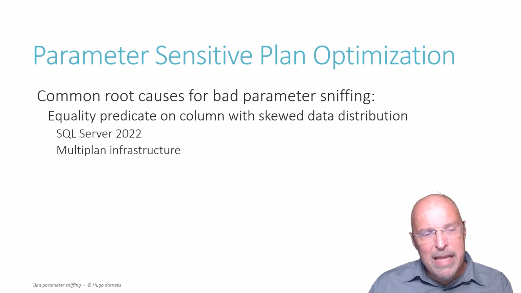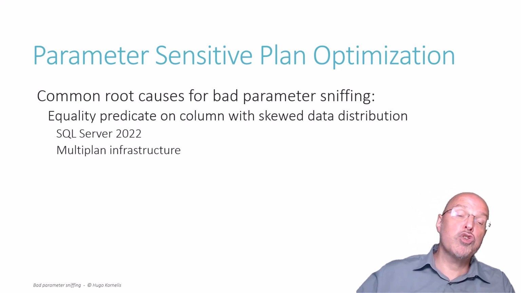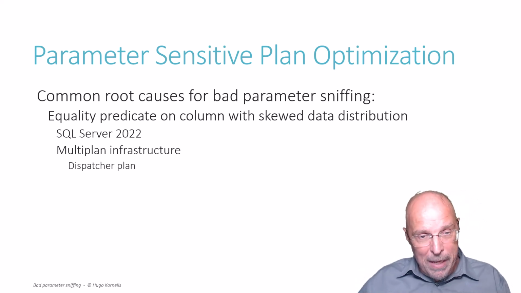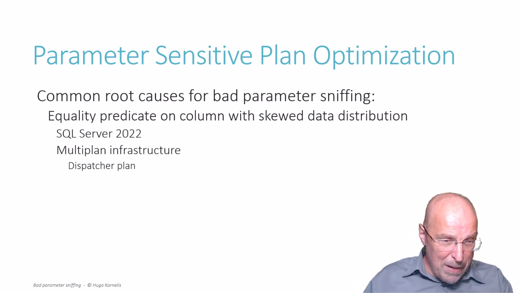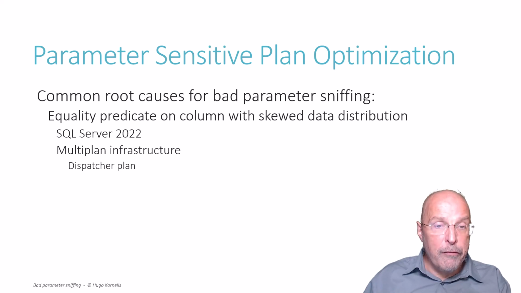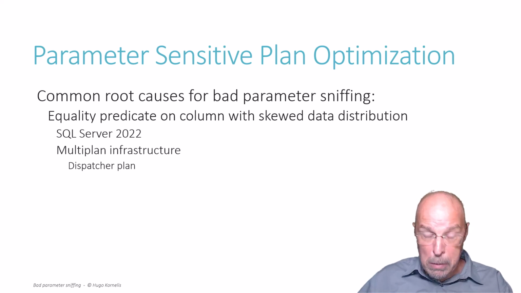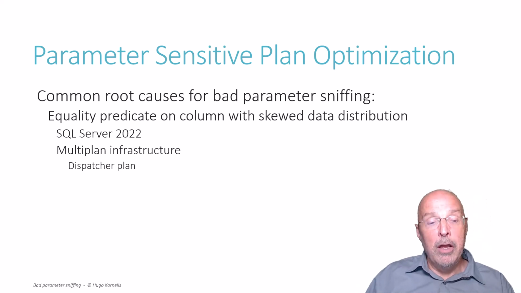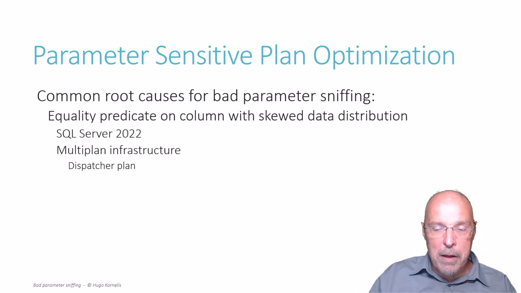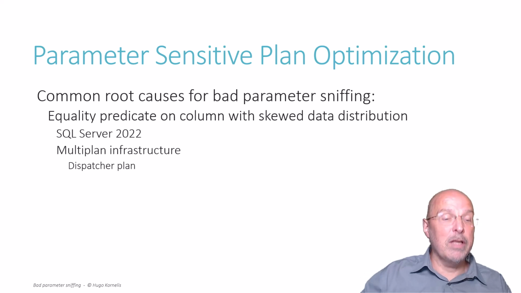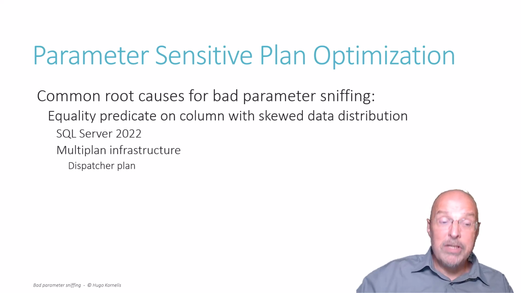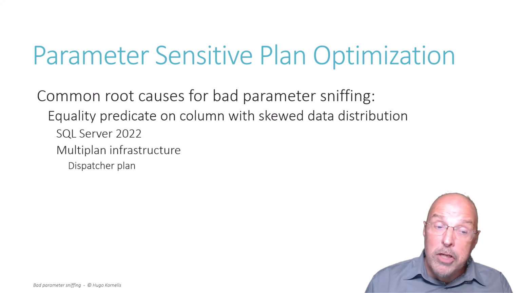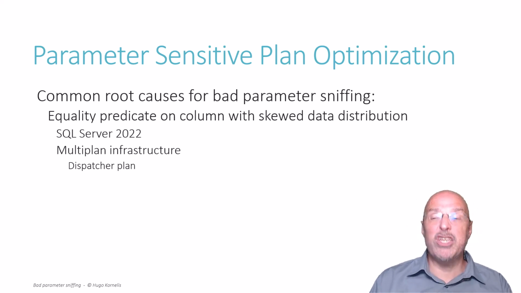So the first layer in this multi-plan infrastructure is the so-called dispatcher plan. If an execution plan qualifies for the PSPO feature, and we'll get to the qualification rules later, then that query is not associated with one single execution plan, but with one single dispatcher plan, which is also an execution plan, just a special type.